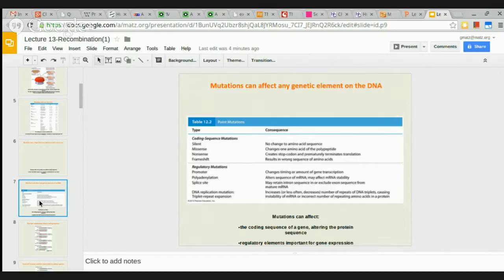Oftentimes, we tend to focus perhaps a little too much on the coding sequence, because I'd like to remind you that a very small fraction of our genome actually contains coding sequences.